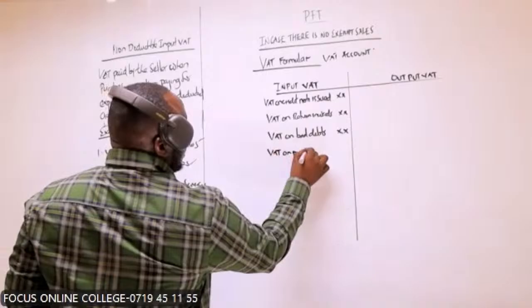Then we now go to the output. So we have VAT on sales. Then we have VAT on debit note issued.